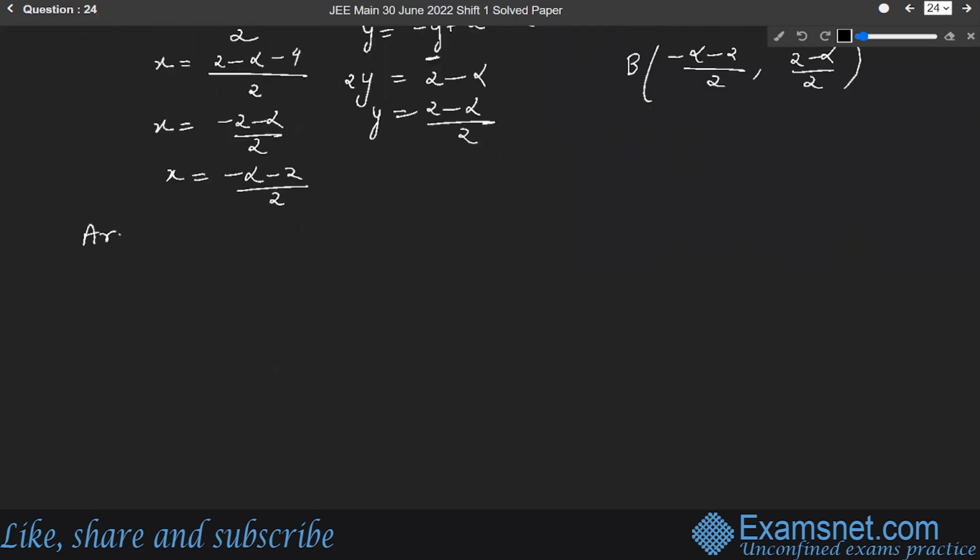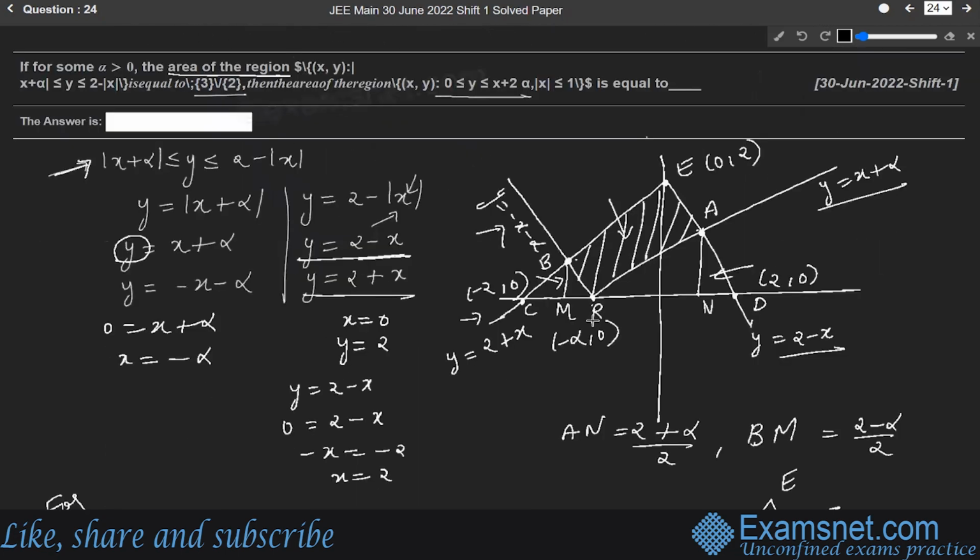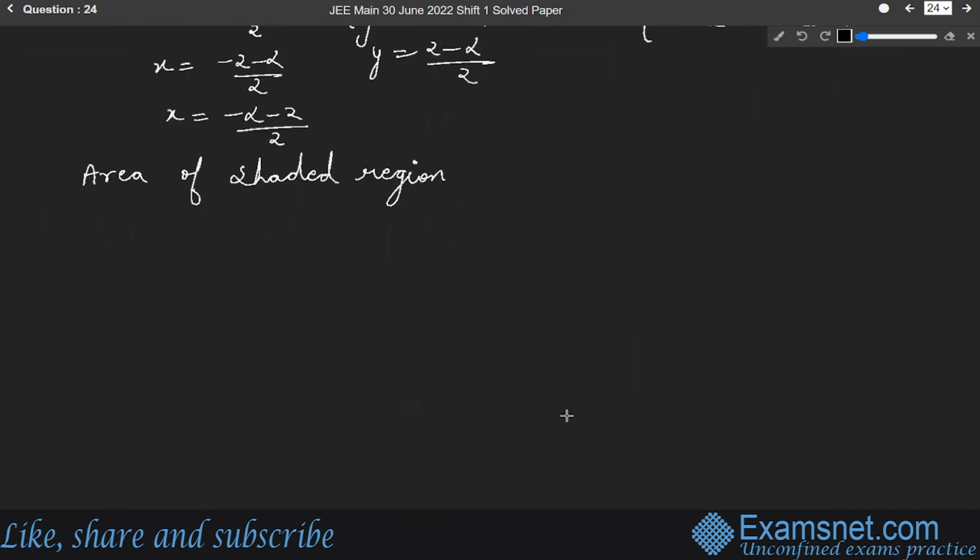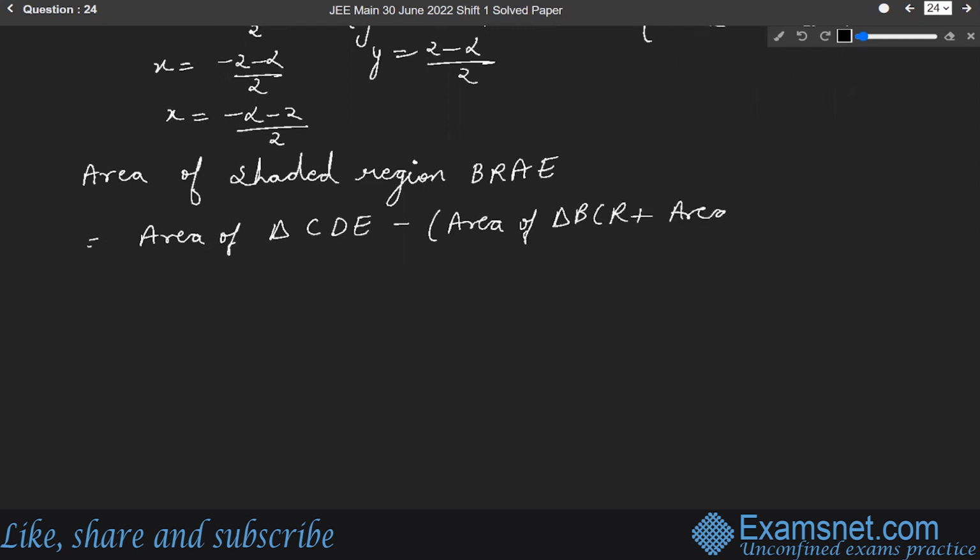So area of the shaded region. What is the shaded region? It is BRAE. So area of shaded region BRAE will be equal to what? Area of triangle CDE, right? Minus area of triangle BCR plus area of triangle ARD.